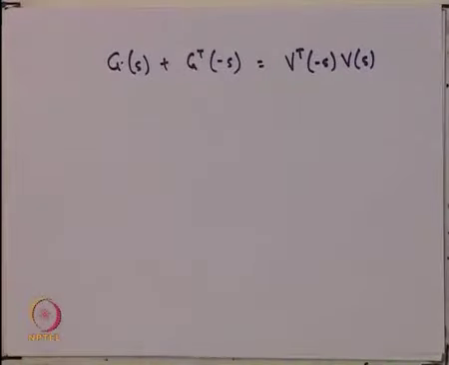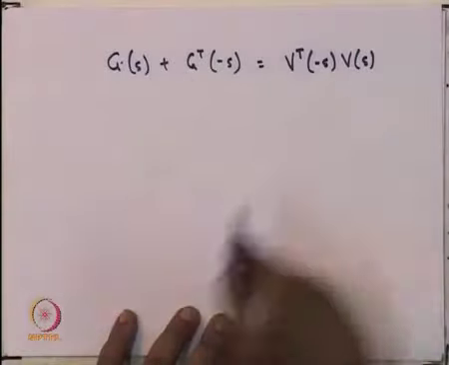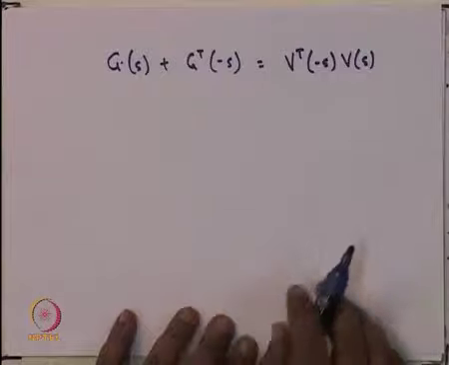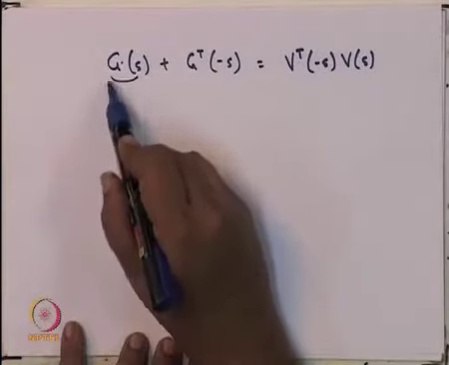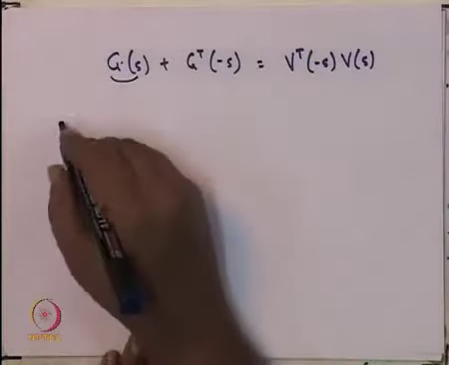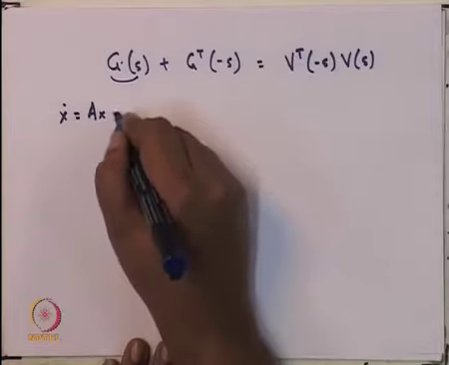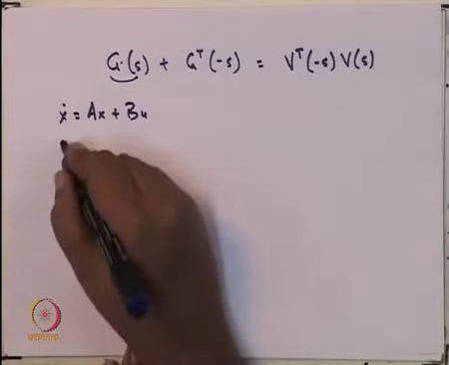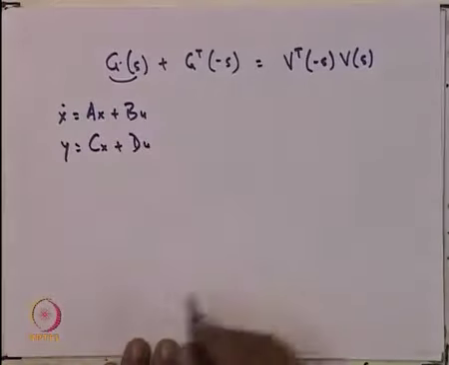And now what I am going to do is start off by looking at state representations of each of these matrices. If you look at G of S, we have already seen what the state representation is: x dot equal to Ax plus Bu, y equal to Cx plus Du.